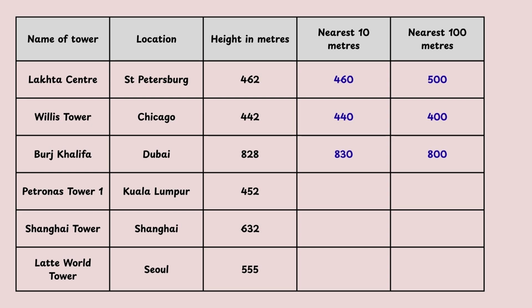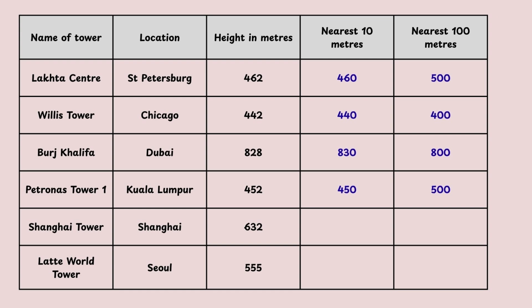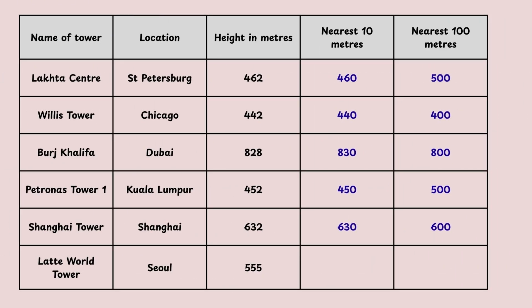Petronas Tower 1 in Kuala Lumpur is 452 meters, and when we round to the nearest 10 meters, that will be 450, and when we round to the nearest 100 meters, that will be 500 meters. Shanghai Tower in Shanghai, the height in meters is 632 meters, and when we round to the nearest 10 meters, that will be 630 meters, and when we round to the nearest 100 meters, that will be 600 meters.